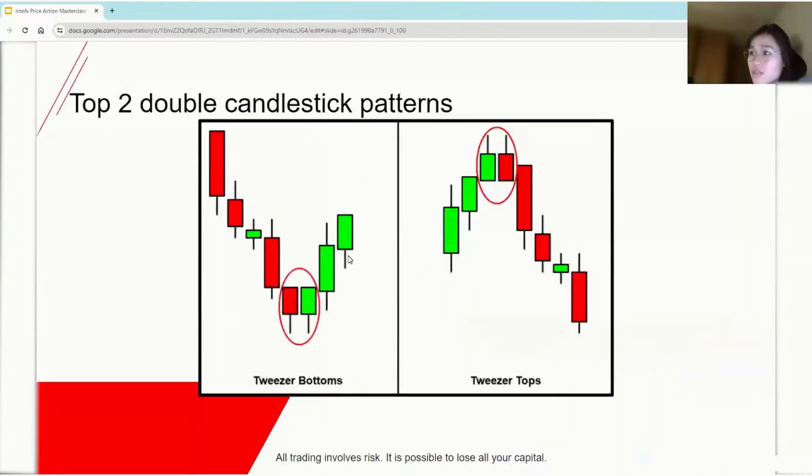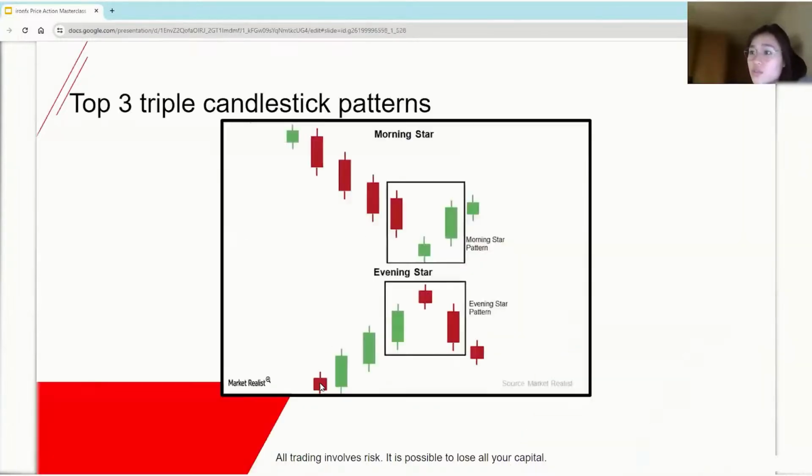If I go back, rather similar to our tweezer bottoms, you can see when we are able to spot a morning star, price is reversing in its trend. Evening star, similarly, is also reversing in its trend but giving us a bearish direction instead.